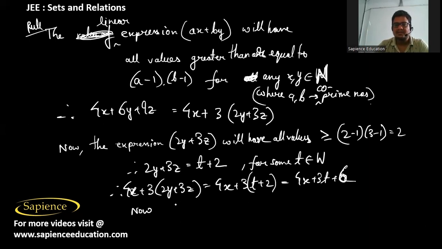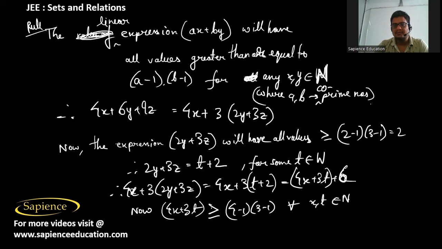Now similarly in 4x plus 3t, 4 and 3 are also co-prime since their HCF is 1. So 4x plus 3t also will have values more than or equal to 4 minus 1 into 3 minus 1, which is 3 into 2, that is equal to 6.